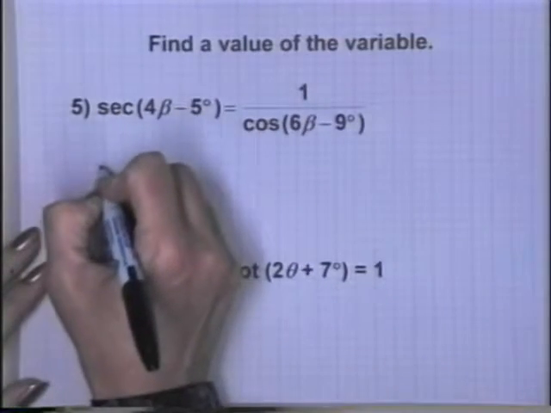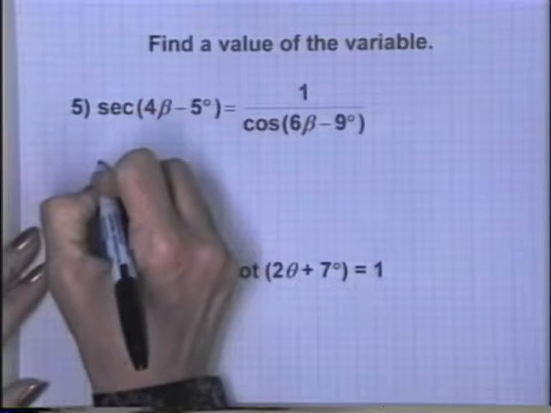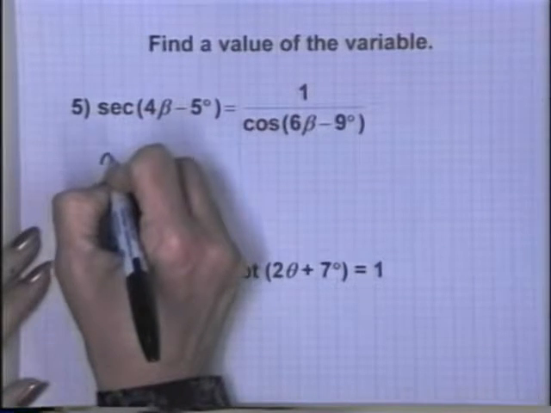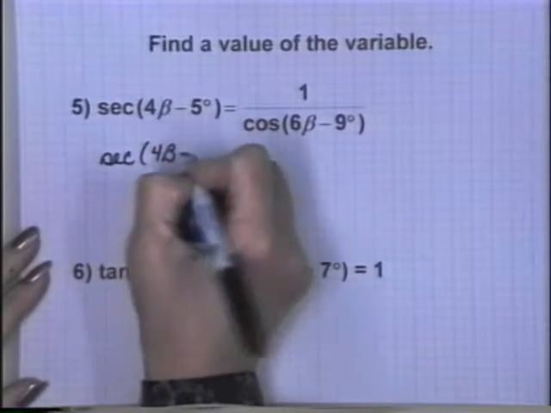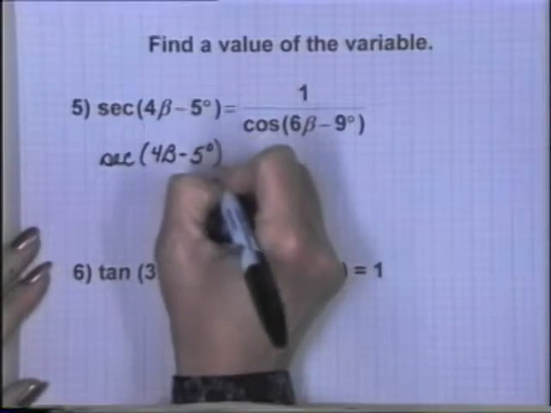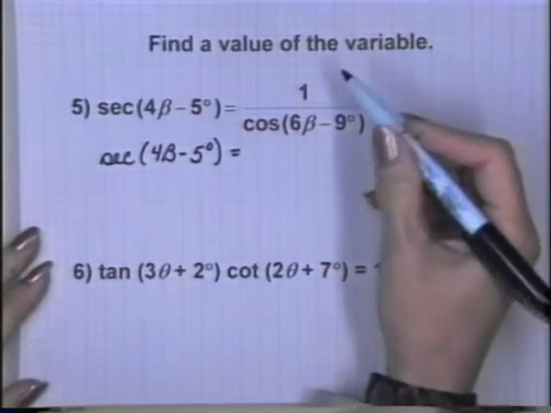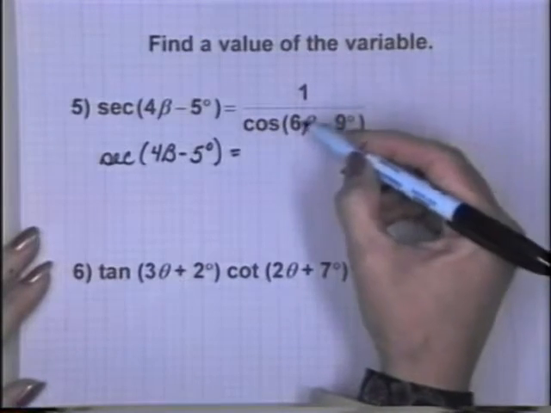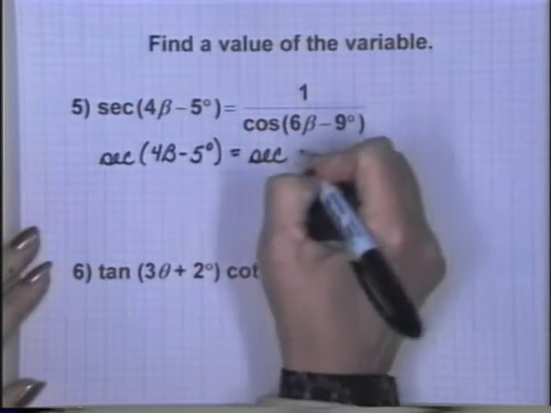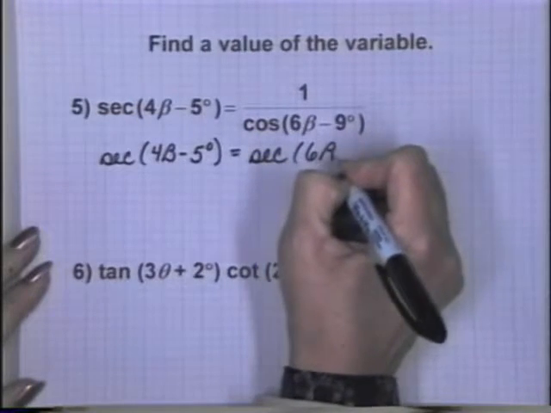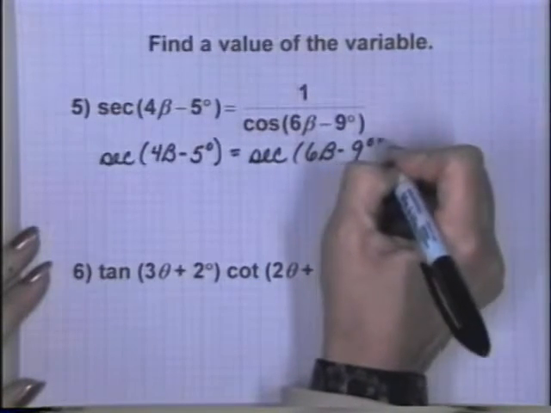So I'll rewrite the right side of this equation. I'll keep the left side as it is, but on the right side, 1 over the cosine of 6 beta minus 9 degrees equals the secant of 6 beta minus 9 degrees.